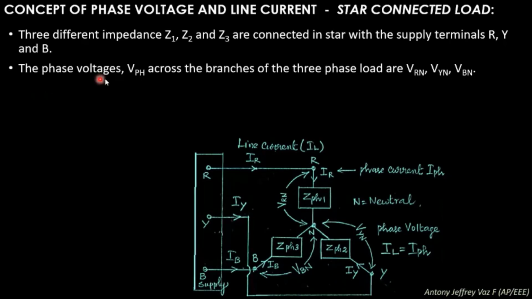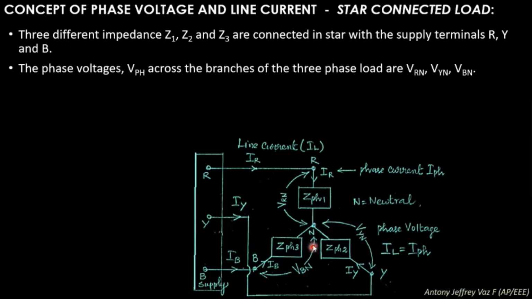So the phase voltages across the branches of the three phase loads are known as VRN, VYN and VBN. You see this is the phase voltage, which is nothing but R to neutral. When you put a voltmeter across the terminals R and neutral, you will get the phase voltage VRN.